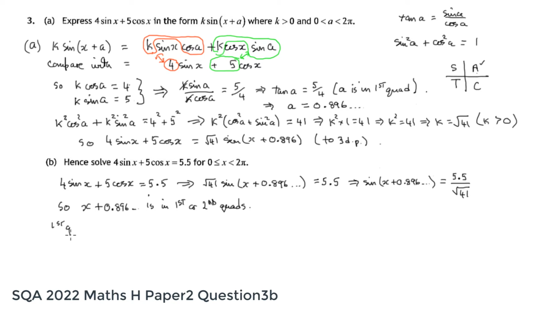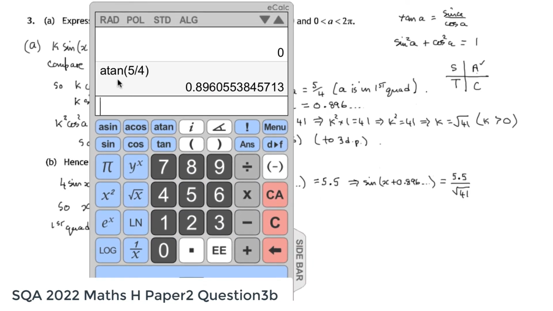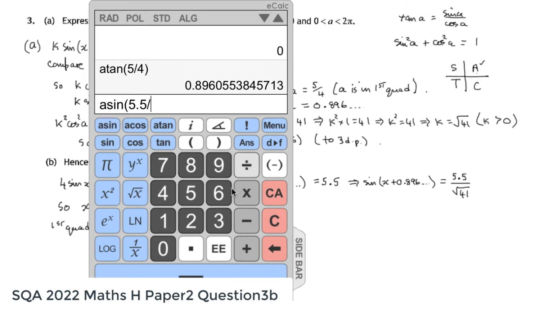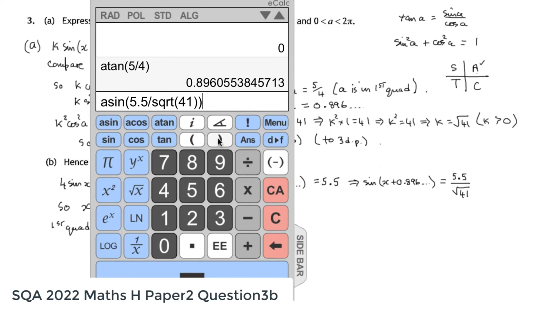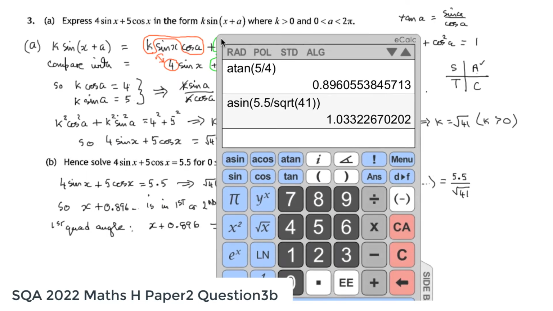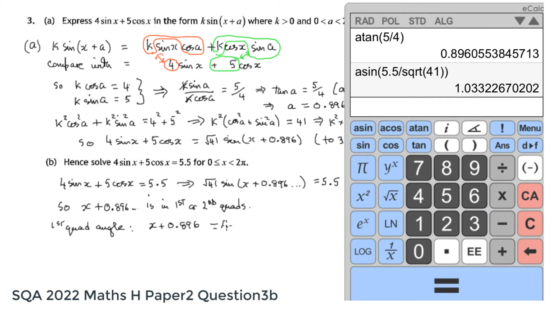So let's deal with the first quadrant angle. There's the angle, and its sine is this value. So let's find that on the calculator. The angle whose sine is 5.5 divided by the square root of 41 comes to 1.033, and so on.